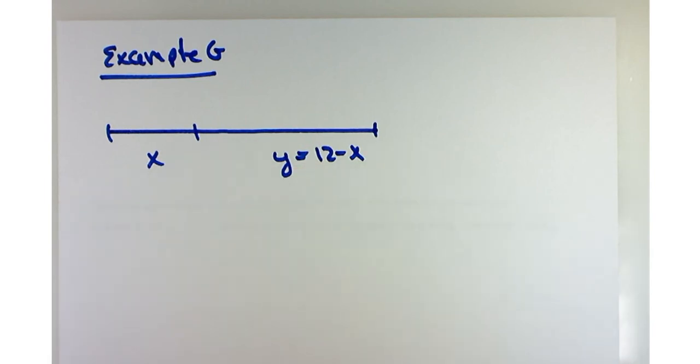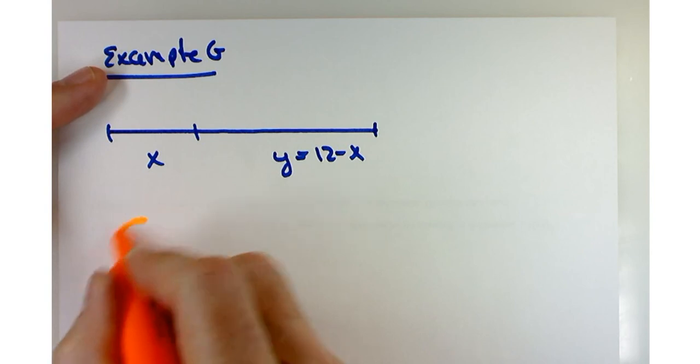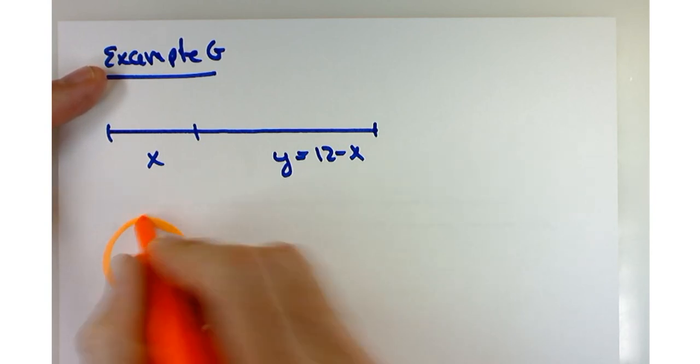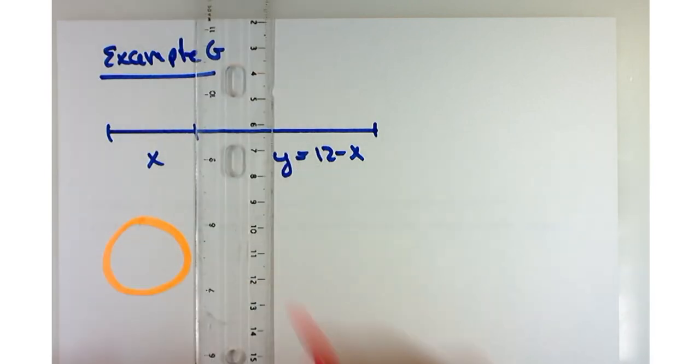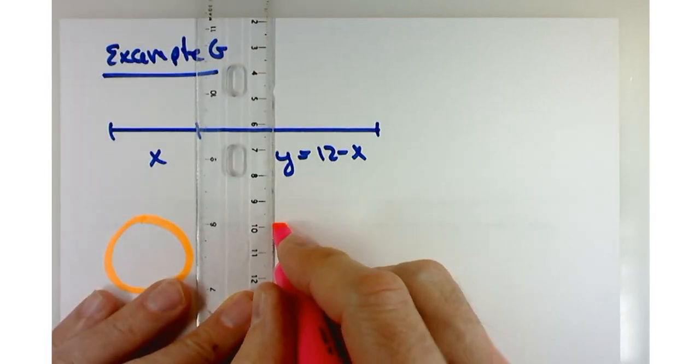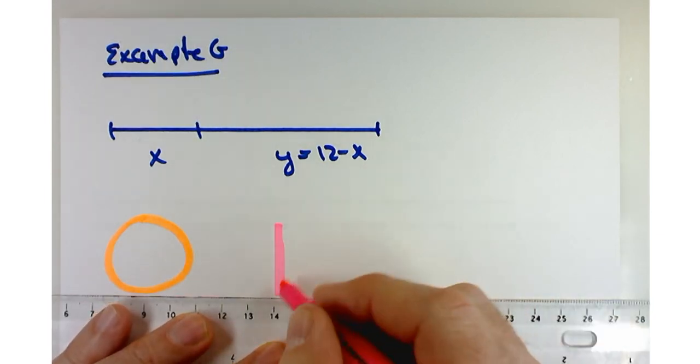We're going to bend this into two shapes. The first shape is going to be a circle. And the second shape is going to be a square. And we want these to enclose either a maximum or a minimum amount of area.